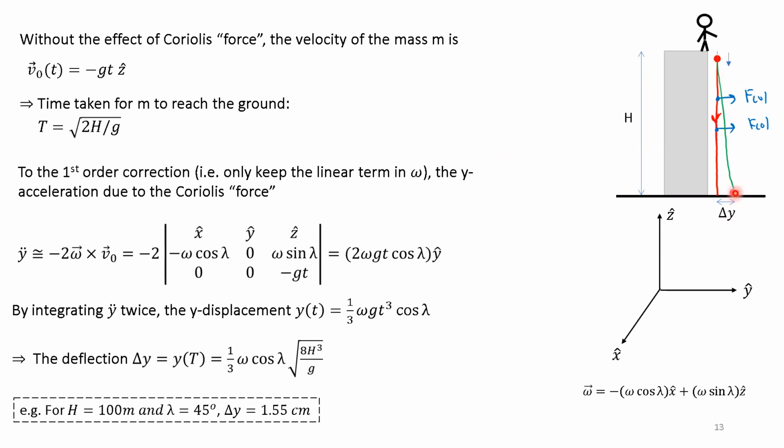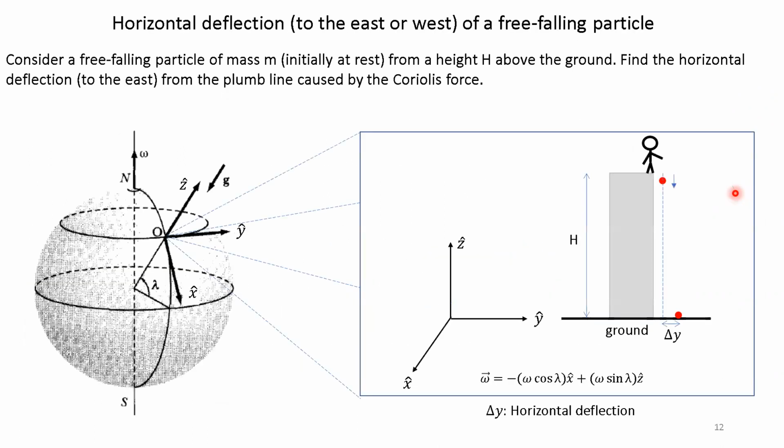I want to forget about the rotating frame and fictitious forces for a moment, and go back to the inertial frame. How do I understand this deflection?